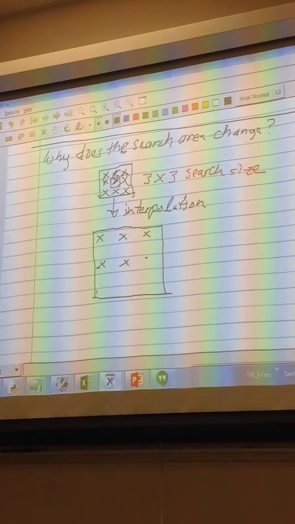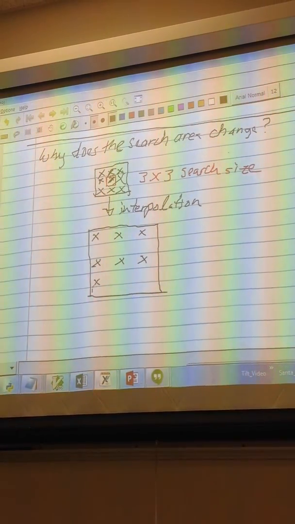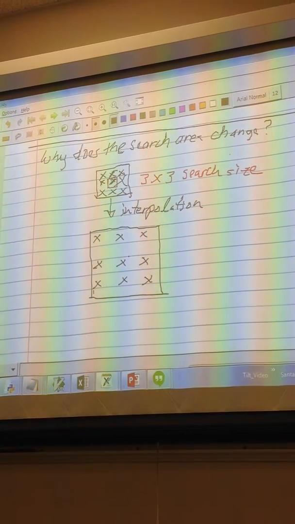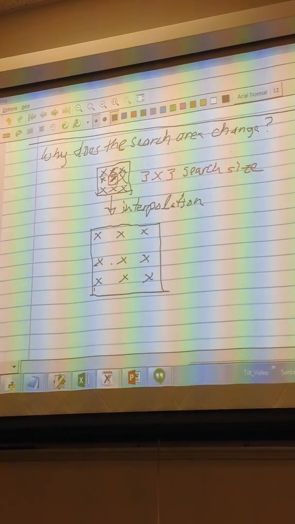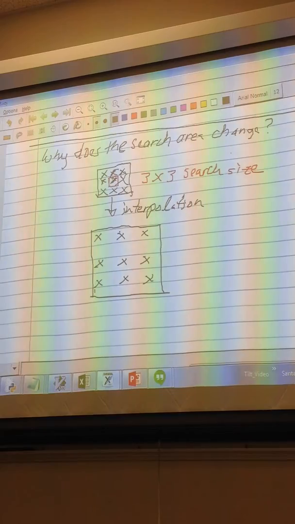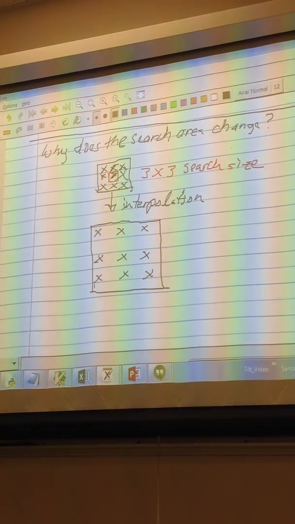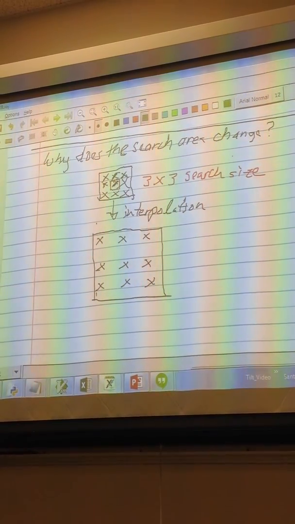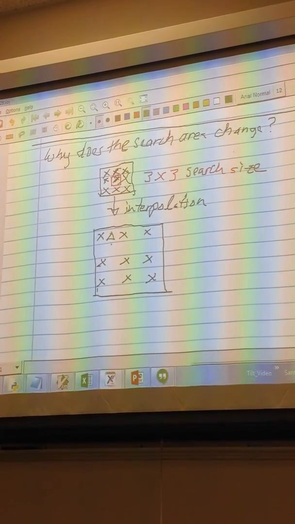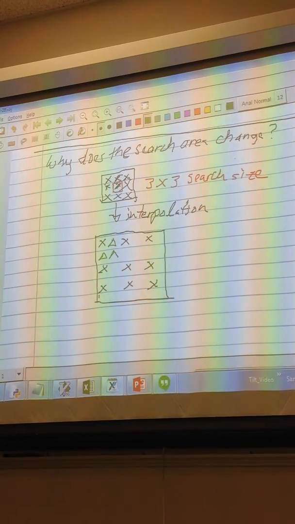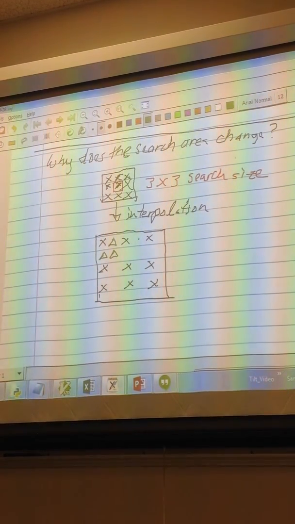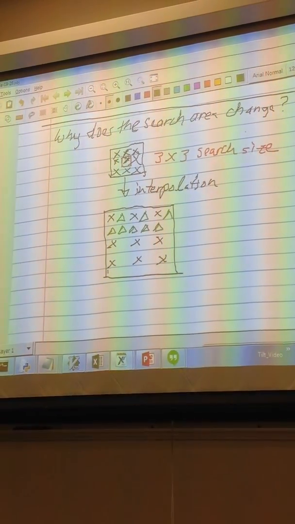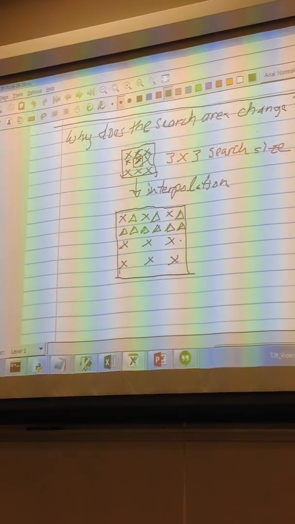I mentioned it briefly last time. These 9 pixels are the original pixels in this image. The interpolation inserts some new pixels, and these new pixels are put like this. All these little triangles here are the new pixels.